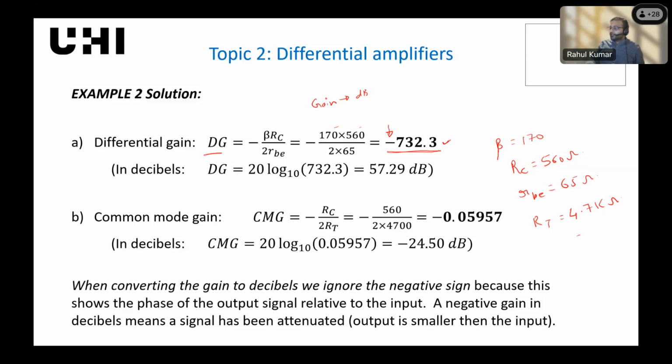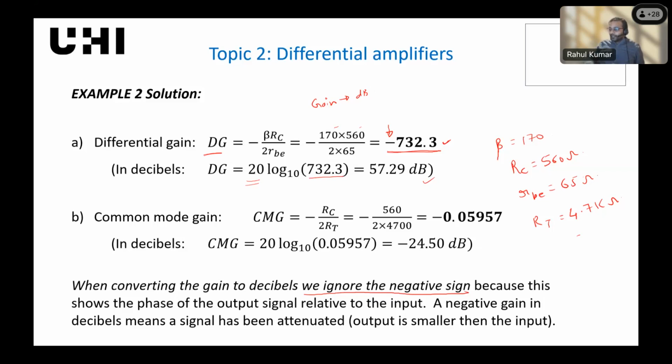While calculating the value in decibels, we ignore the negative sign. Right? So you can simply take log base 10 of this value and multiply it by 20. I'm getting it as 57.29 dB.